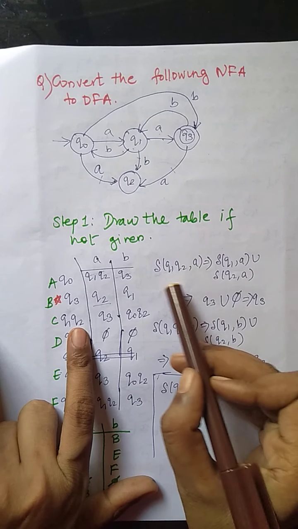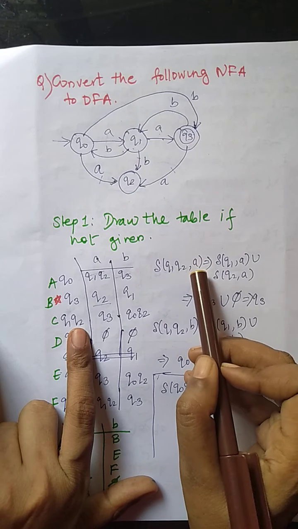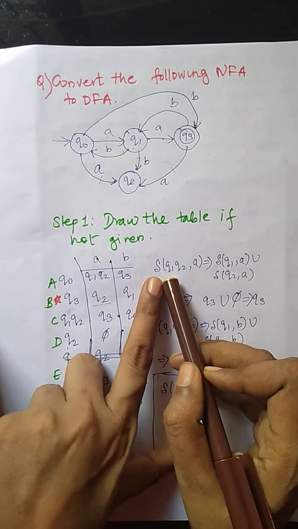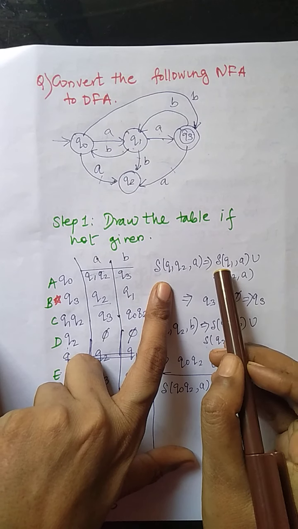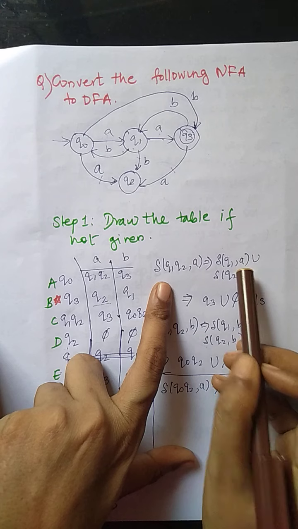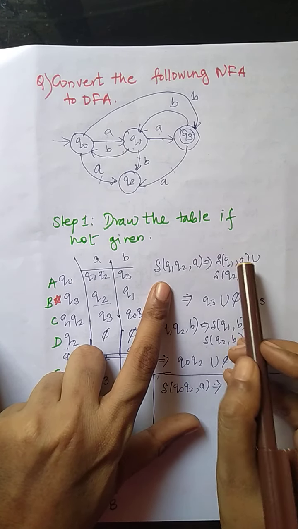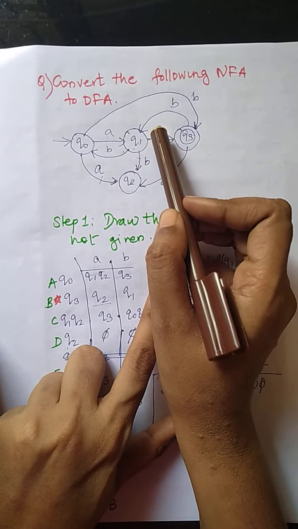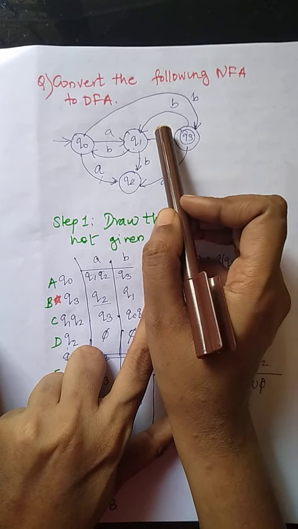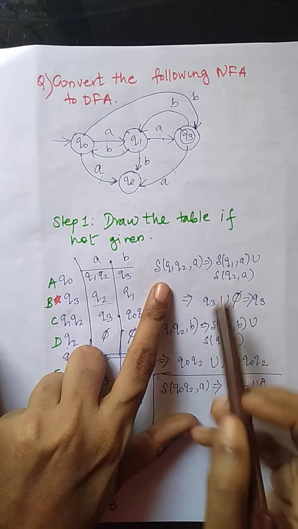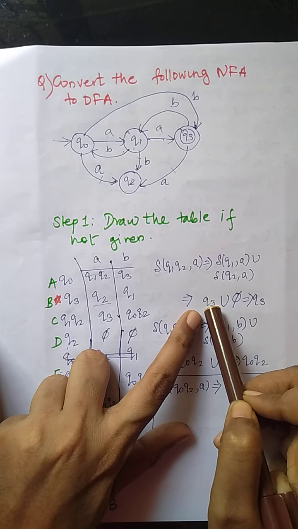By using this formula. Transition of Q1, Q2 on A. So we divide this: Q1 on A, transition of that, and Q2 on A, transition of that. So Q1 has outgoing arrows with A and B. Q1 on A goes to Q3.